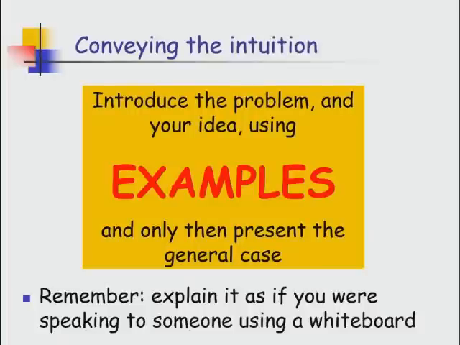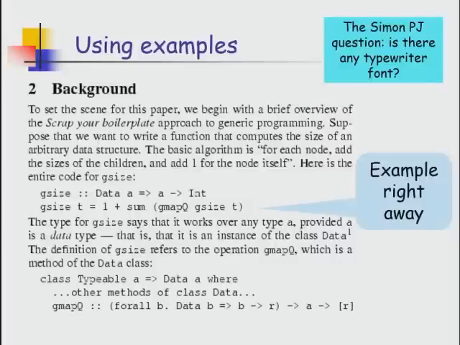I would always start with examples and move on to generality, and almost never start with generality and then illustrate with examples. That's my suggestion to you. And here's an example of me doing just that in a paper that I wrote a little while ago. So this is part of the background section.